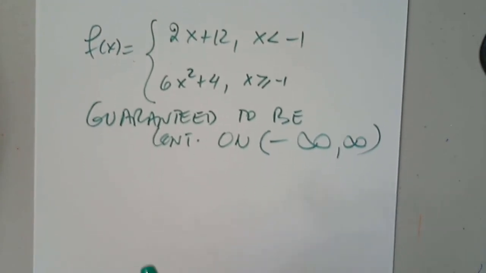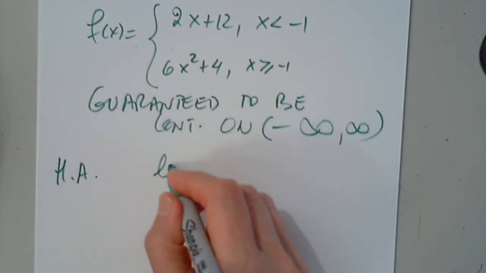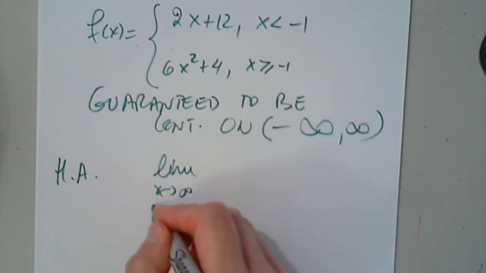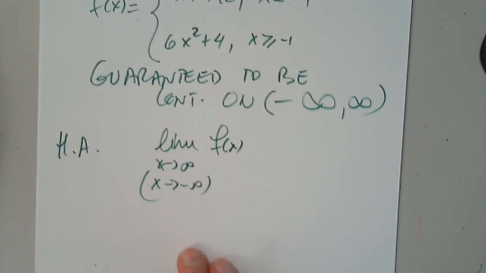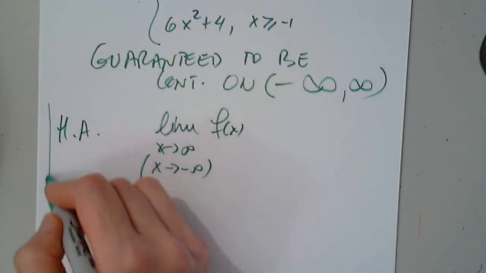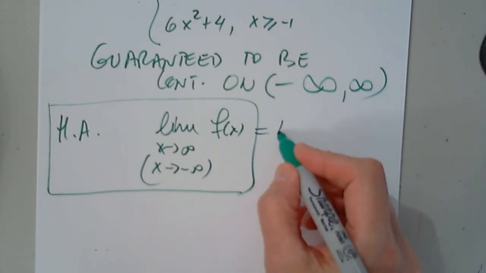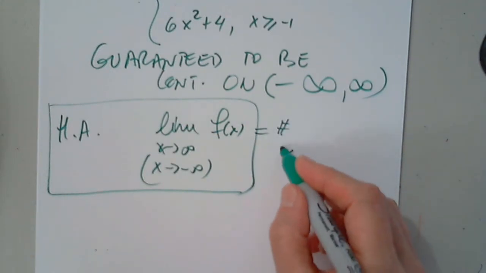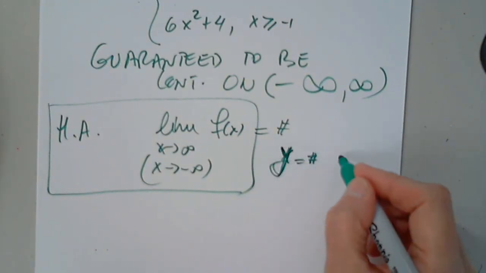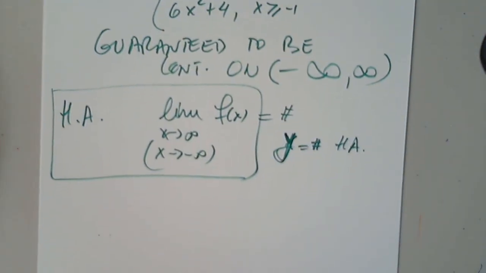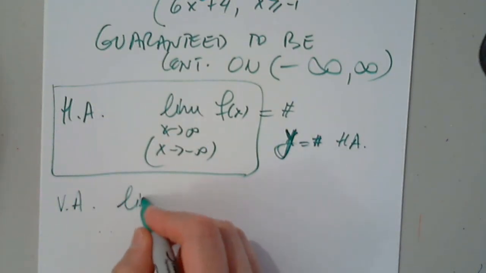For the horizontal asymptotes, you only have to determine the limit as x approaches infinity and the limit as x approaches negative infinity of the function. That's it. And if you get a number, then you will say y equals that number is the horizontal asymptote. For the vertical asymptote, we are looking at the function.